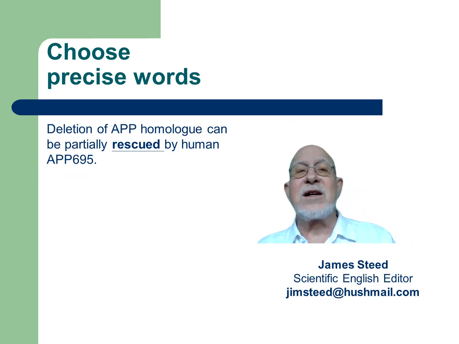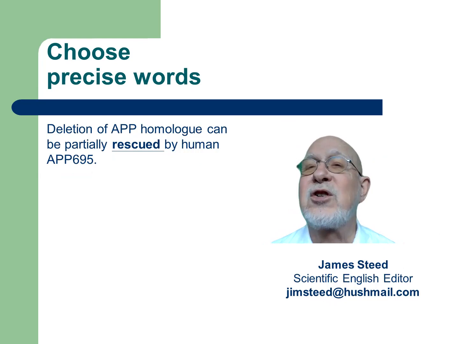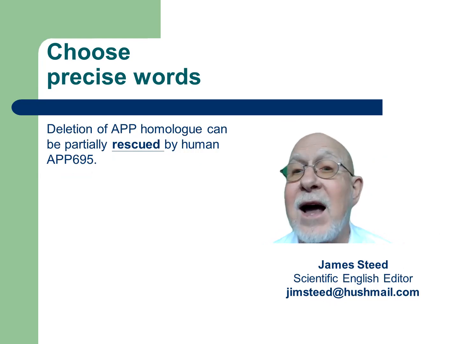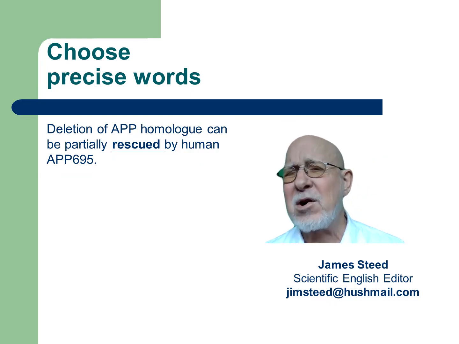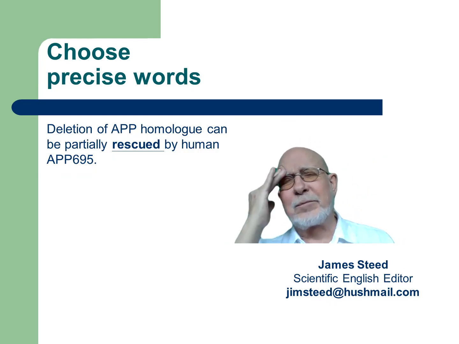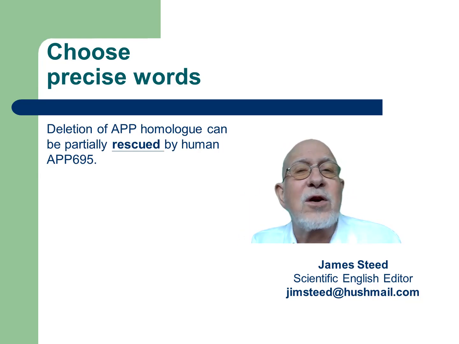Let's look at another rescued here. Deletion of APP homolog can be partially rescued by human APP 695. All right, well, partially rescued. Partially rescued. That's a hard one because you've got to have some pretty good English in order to know how.